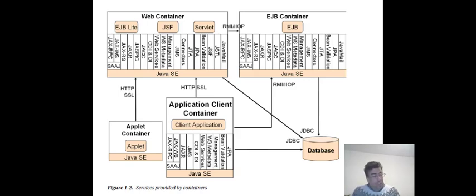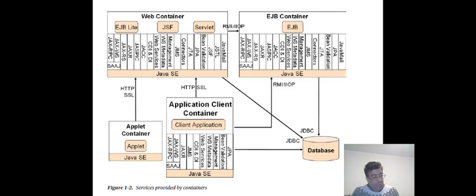RMI-IIOP. Remote Method Invocation (RMI) allows you to invoke a remote object independently of the underlying protocol. The Java SE native RMI protocol is Java Remote Method Protocol (JRMP). RMI-IIOP is an extension of RMI used to integrate with CORBA.